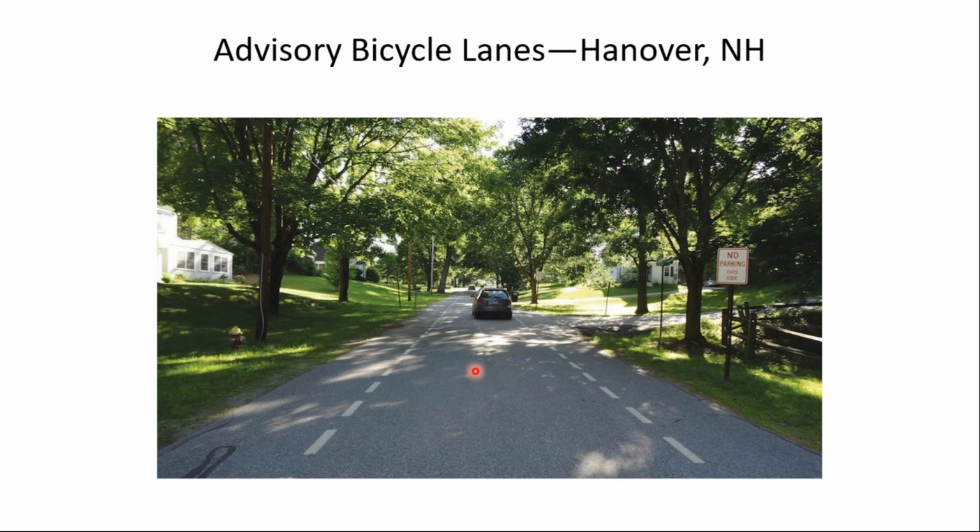But generally, I would say you want these to be low traffic volume roads. The same thing for the bike boulevards. You don't want high speed or high volume through traffic. Those work best on the more minor streets where you can give priority to bikes and don't have to worry too much about through vehicular traffic.